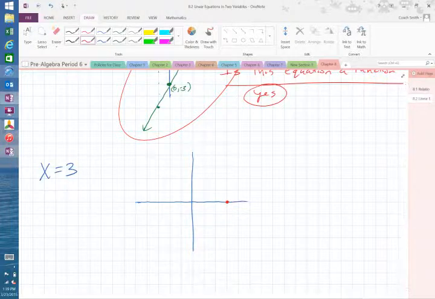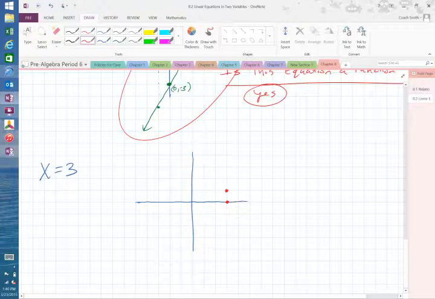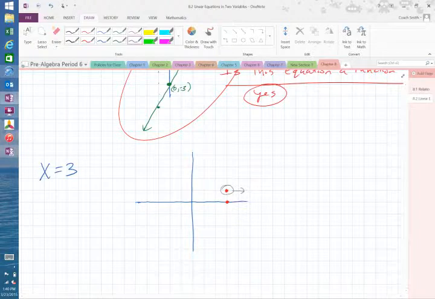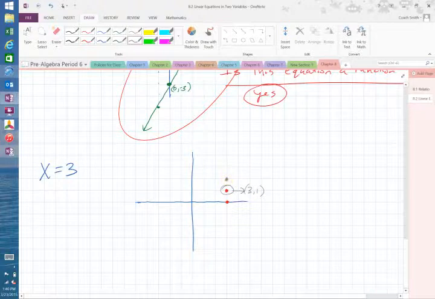Thank you. Now, X, right here at that point, what are the coordinates of that point I just circled? Copeland. 3, 1. Okay. What are the coordinates of the gray point? 3, 2.